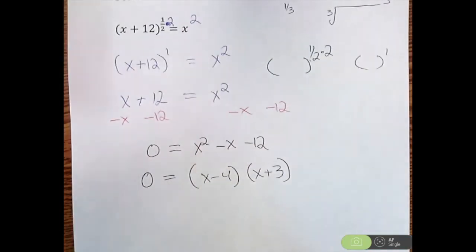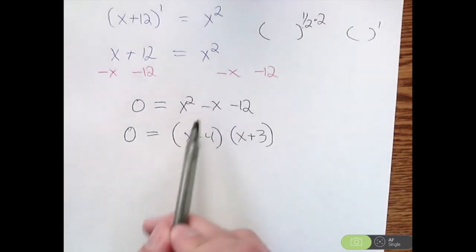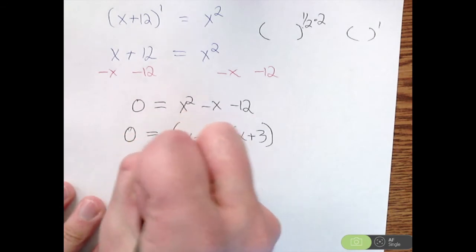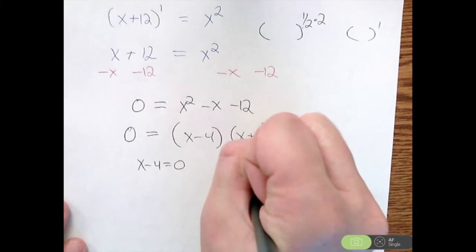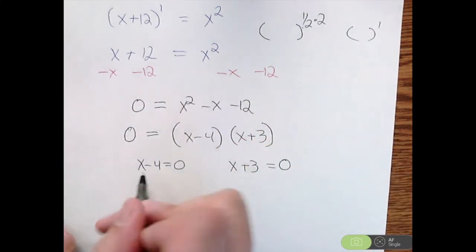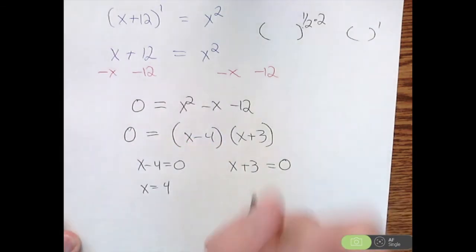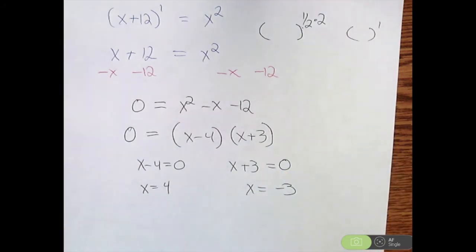When solving by factoring, first you factor, then set each factor equal to 0 and solve. So x minus 4 equals 0 and x plus 3 equals 0. Solving the left one, I get x equals 4. Solving the right one, I get x equals negative 3.